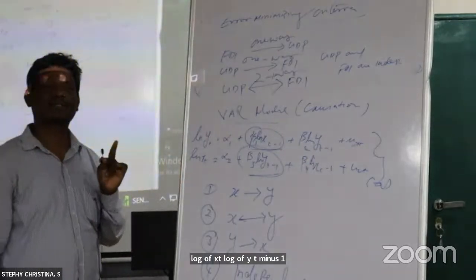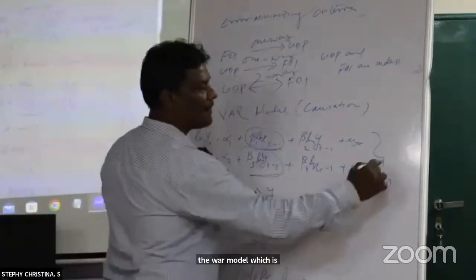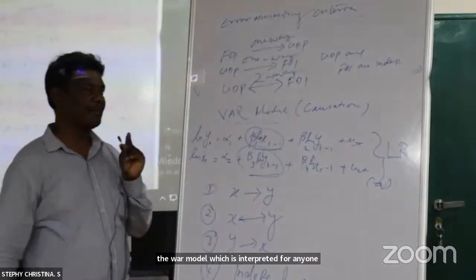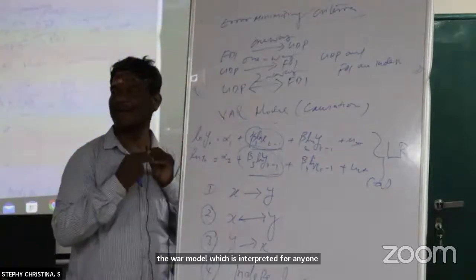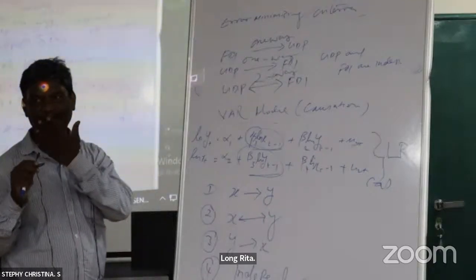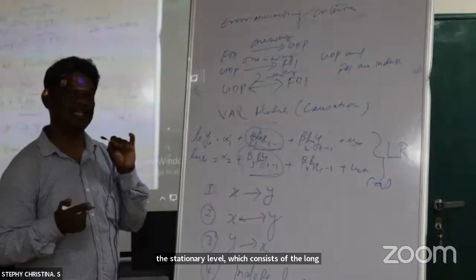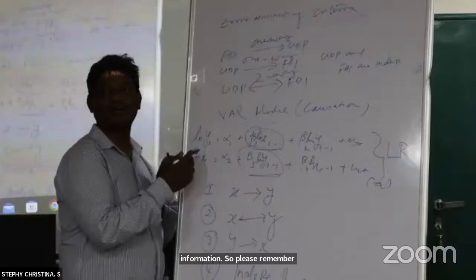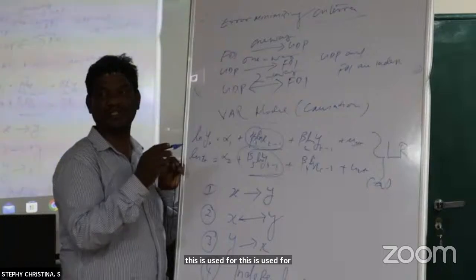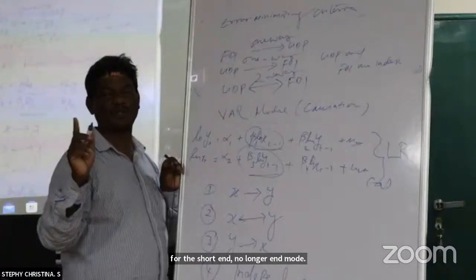So this is the VAR model, which is interpreted for what? The long run. Since the log values, the raw data at the stationary level, consist of long run information, please remember this VAR model is used for the long run.